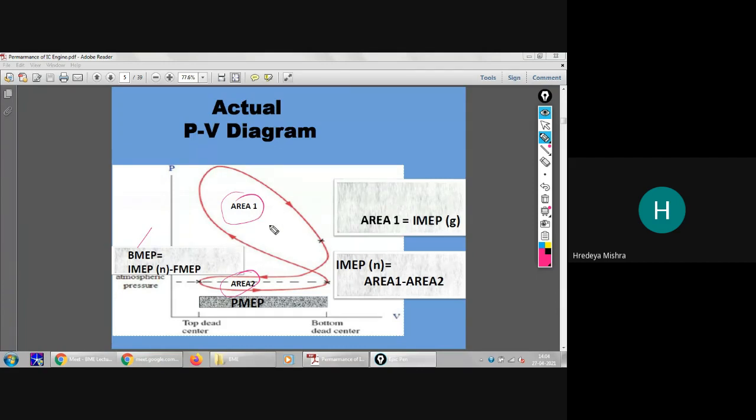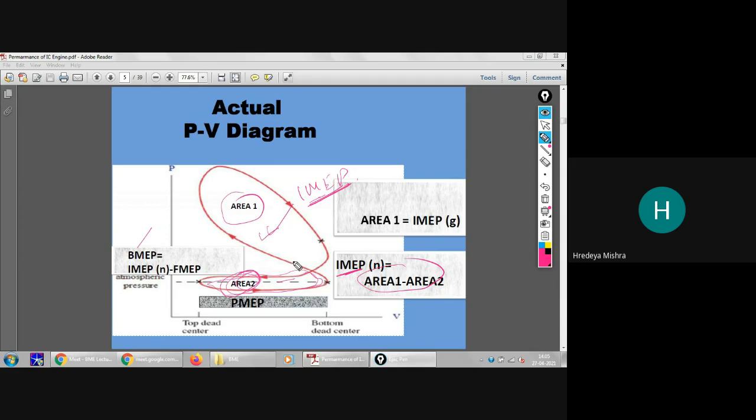So this is your indicated mean effective pressure, and this is your frictional loss. If we subtract area 2 from area 1, we get the actual IMEP.